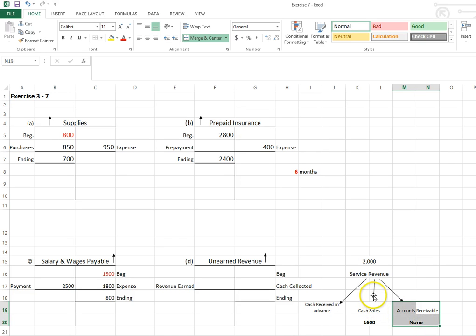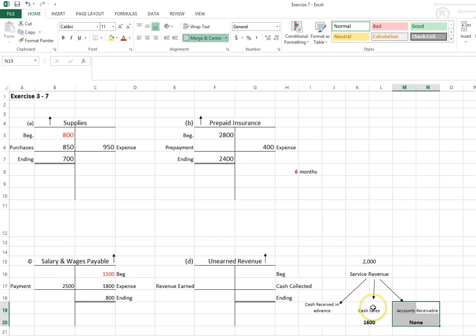So there's really 3 ways of recording revenue. It could be sales on account. It could be that we sold the product for cash, or it could be that the customer had prepaid and then later we delivered the goods and earned the revenue. The 3 timings of revenue. We can earn revenue before we receive the cash, which creates an accounts receivable.